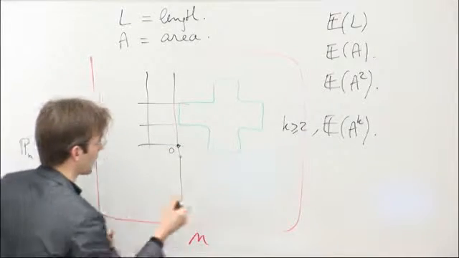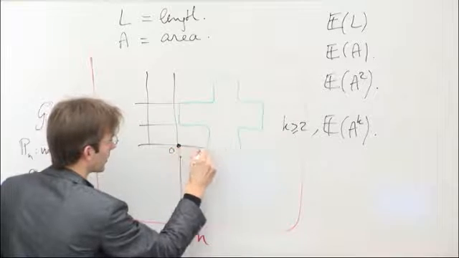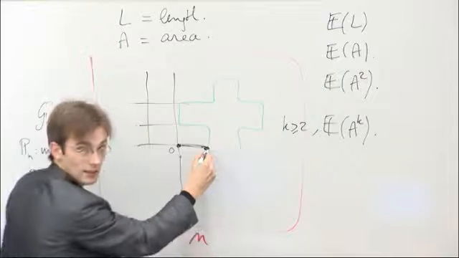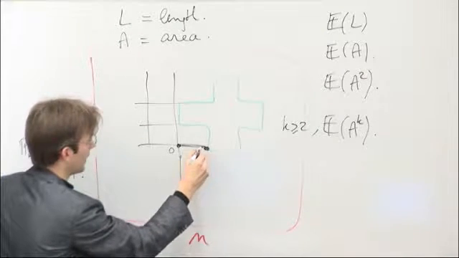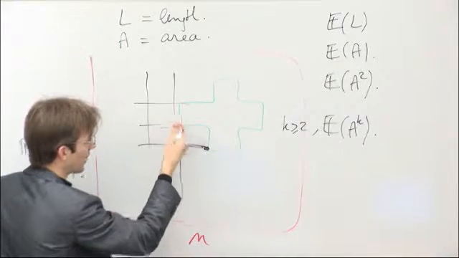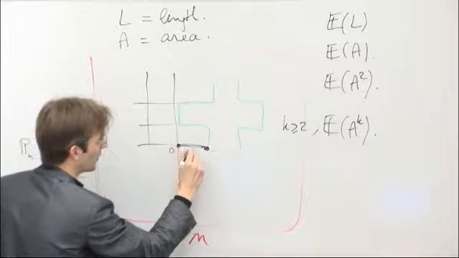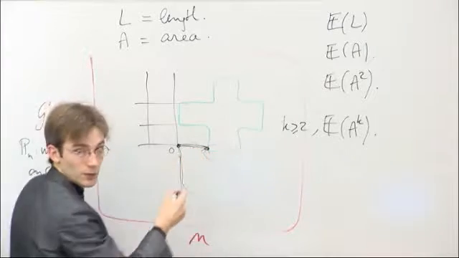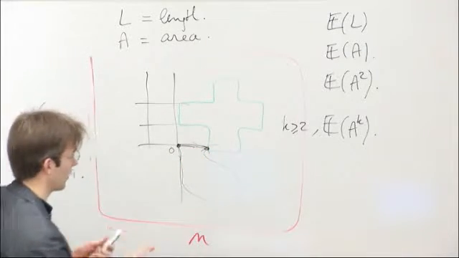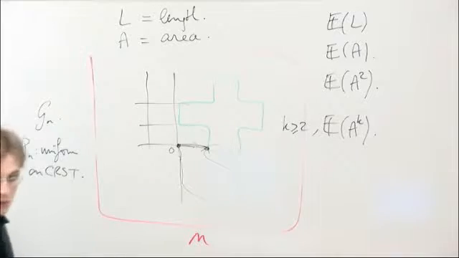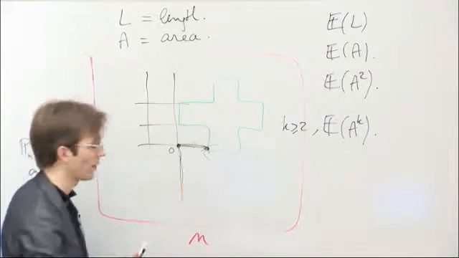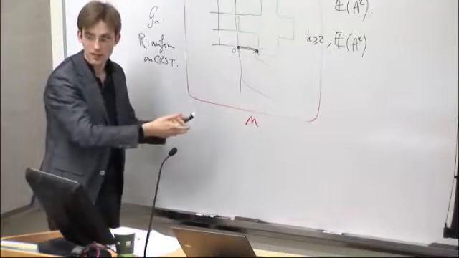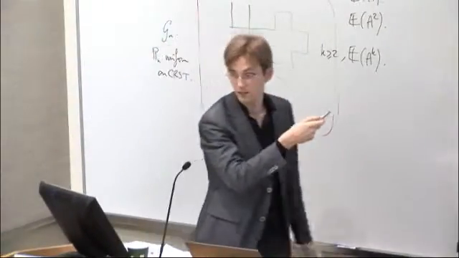It's a simple path, but you can go to a neighboring vertex directly, or by doing some loop and going to it afterwards. So it's not obvious what the expected number of neighbors of the origin is in this loop-erased path. But it turns out that as n goes to infinity, this has a limit, which is xi, the looping constant.